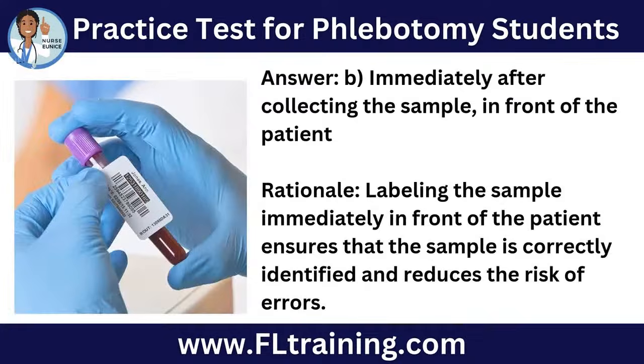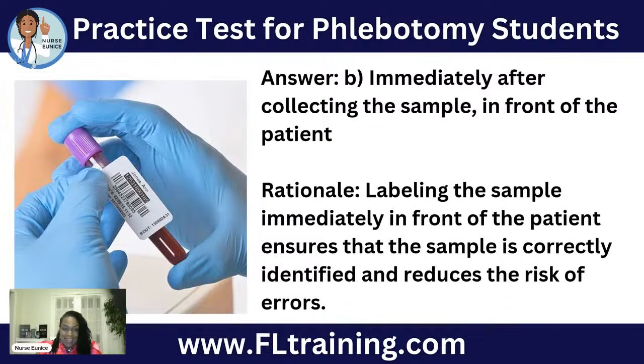And if you chose B, immediately after collecting the sample and in front of that patient, you are totally correct. So labeling the sample in front of the patient immediately ensures that the sample is correctly identified and reduces the risk of error. So I don't care if you have 10 patients.